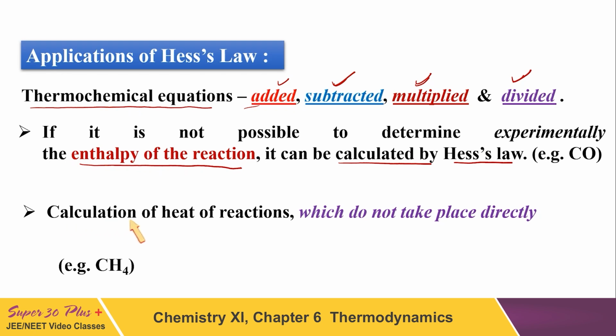So for calculation of the heat of reactions which do not take place directly, we can calculate their heat even though they are not happening in reality, by using Hess law.